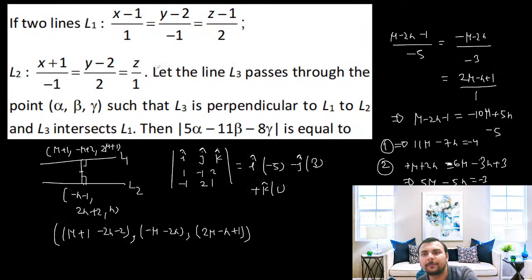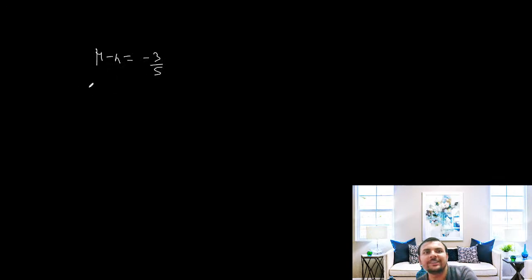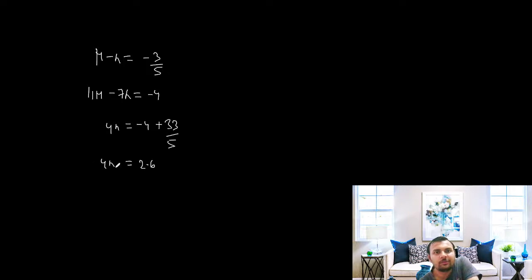Mu minus lambda equal to minus 3 by 5 and 11 mu minus 7 lambda equal to minus 4. We'll multiply this with 11 and then subtract from this. So this is 11, 4 lambda minus 4, 33 by 5, 4 lambda, lambda equal to 13 by 20.